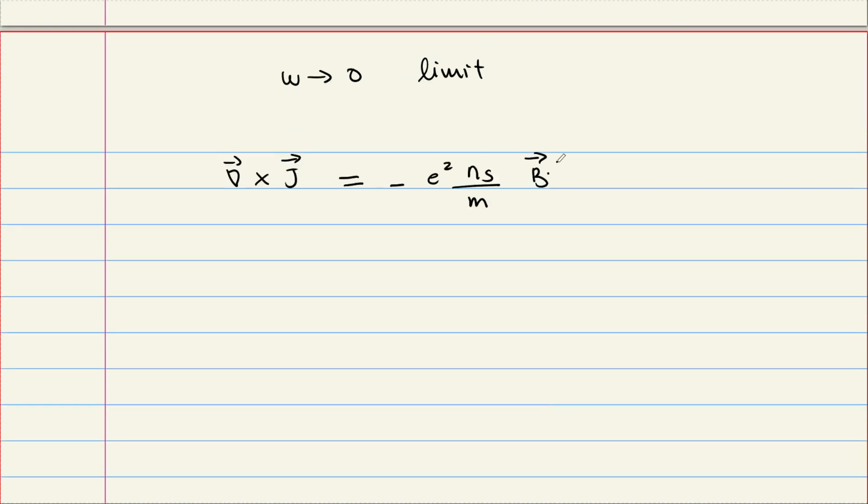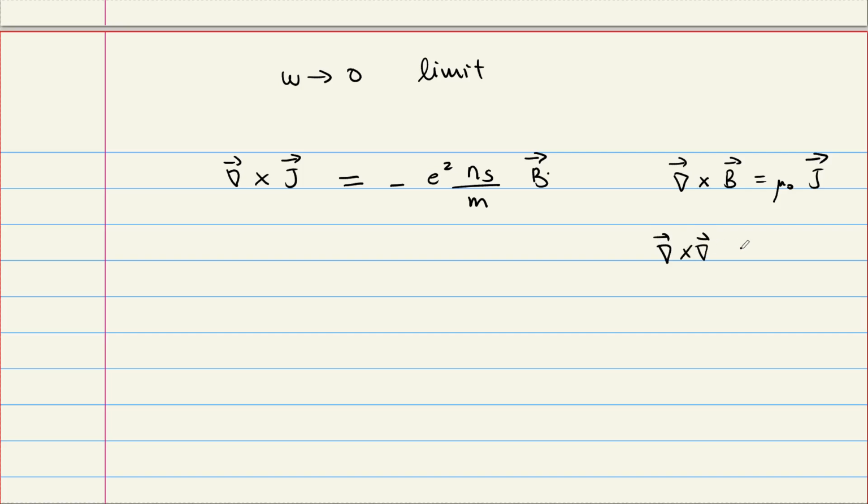And now I can use Maxwell, right? So this is j and this is B, and Maxwell says curl of B is equal to mu zero times j. Or I can take curl of both sides.